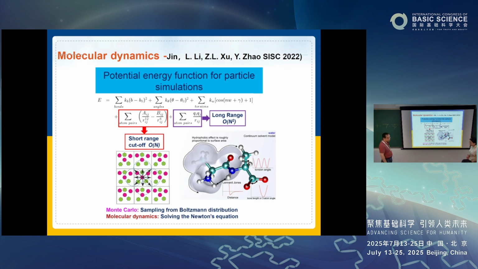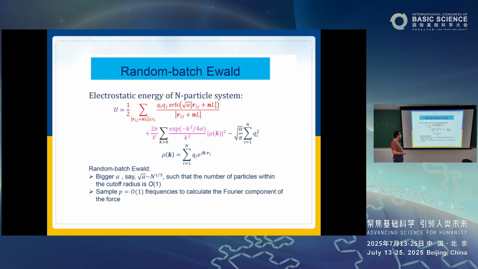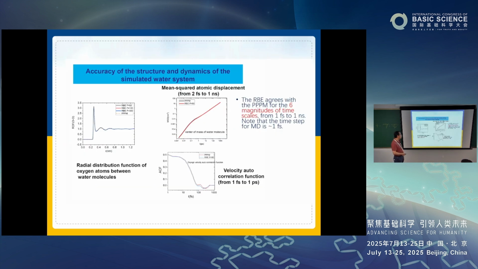I think molecular dynamics has the problem that the time scale you can simulate is very short. Even if we try to compute the microsecond, that takes long. So far, what we can do is from femtosecond to nanosecond. Ideally, we want to compute the microsecond, that's another 10 to 6.